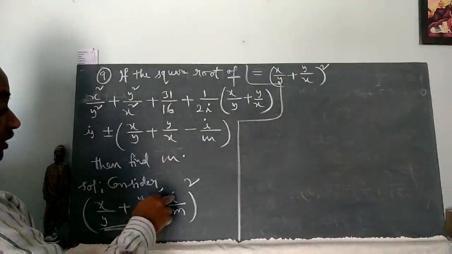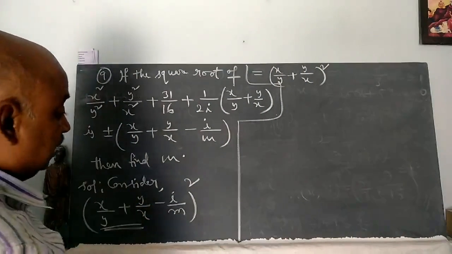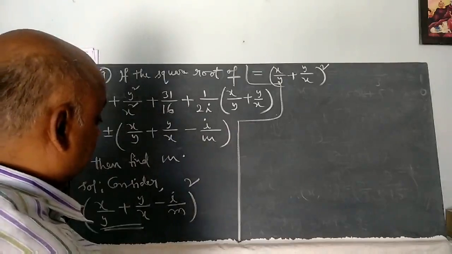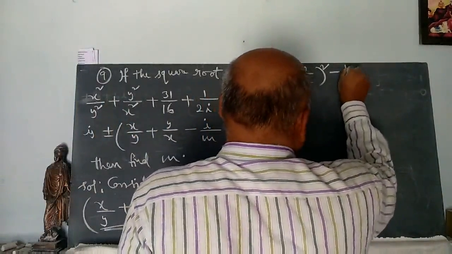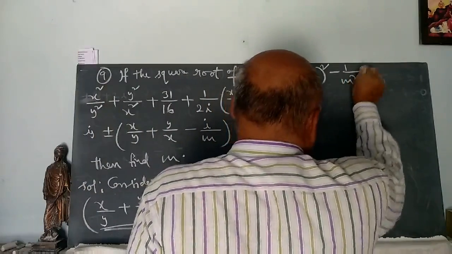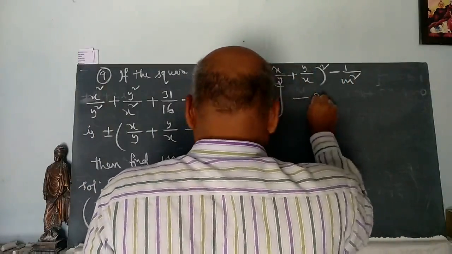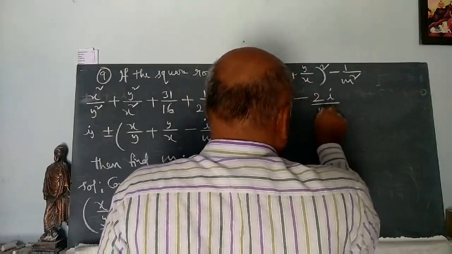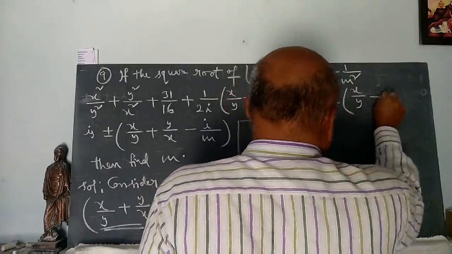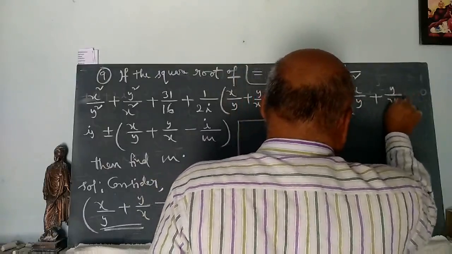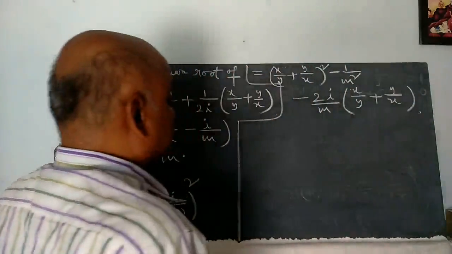Here (−i/m) whole square is i² by m², and i square value is minus 1, so minus 1 by m², minus 2i/m into (x/y + y/x).